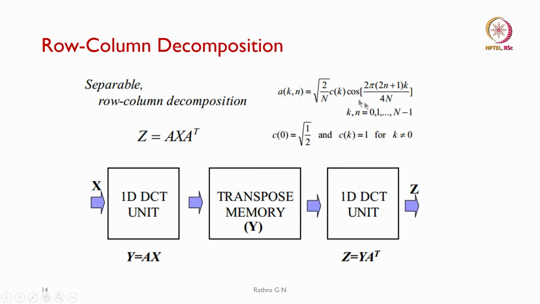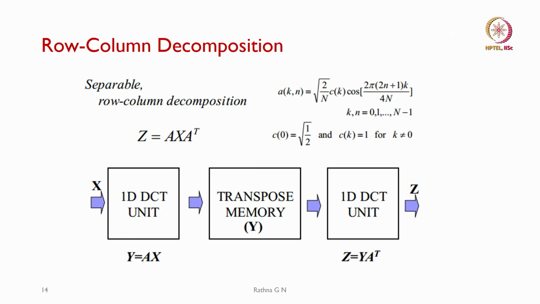So, these are the coefficients, where k and n vary from 0 to n minus 1. We know the first coefficient c of 0 is root 1 by 2, and for k equal to 1 to n minus 1, that is what it says. For k not equal to 0, the coefficient c of k is going to be 1.